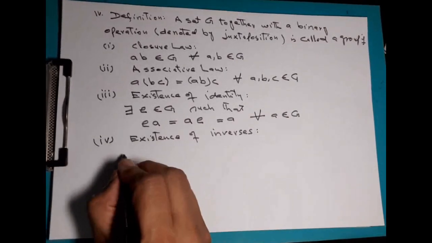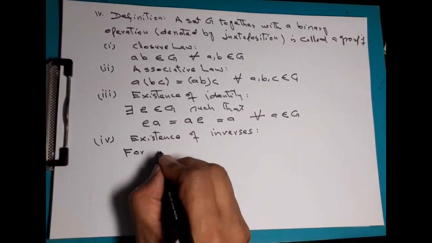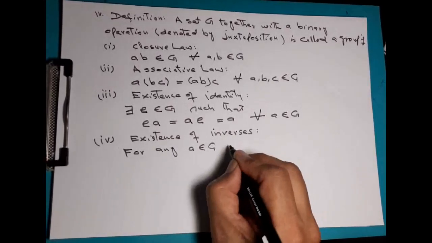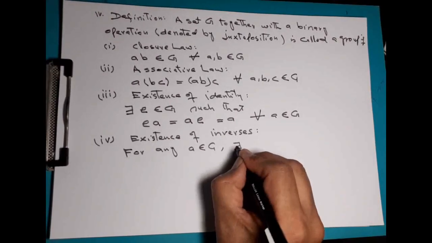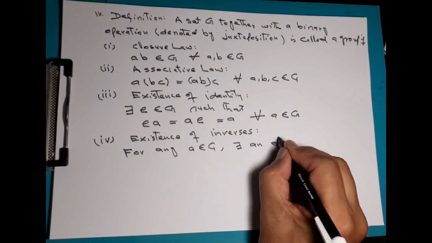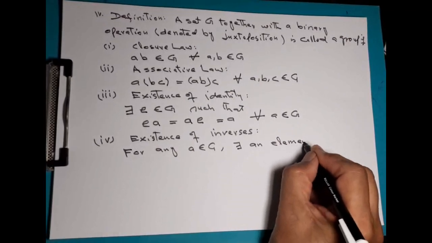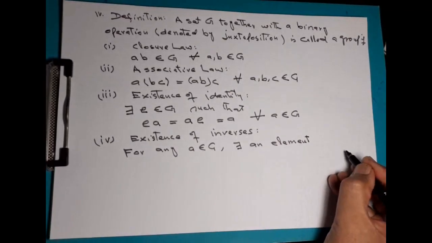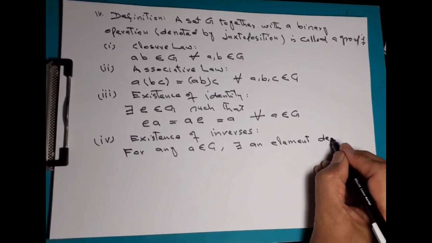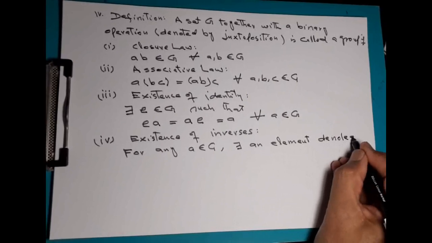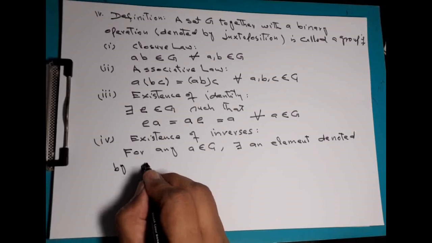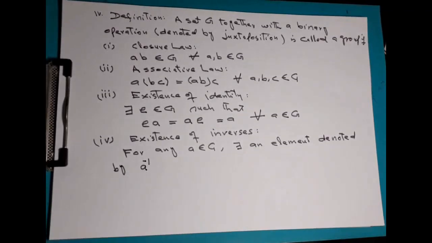So for any A belonging to G, there must exist an element, and for this particular element, the notation we use is A minus 1.